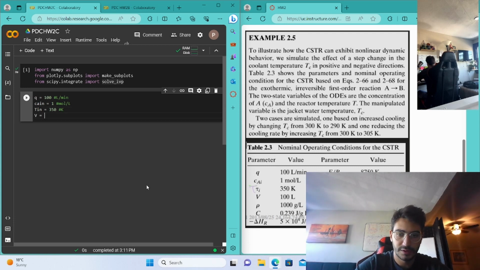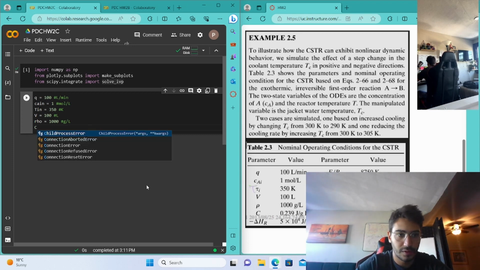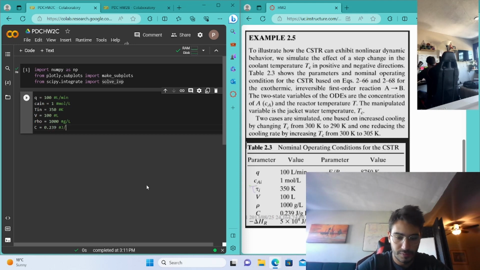The volume is constant at 100 liters. Right? And we know that rho, density, is equal to 1,000 grams per liter. Then we know our constant C, I'm just going to call that big C, is equal to 0.239 joules per gram Kelvin.